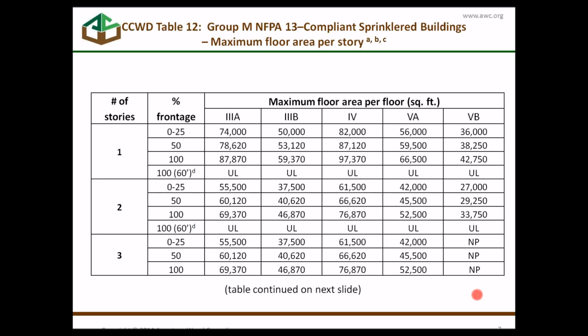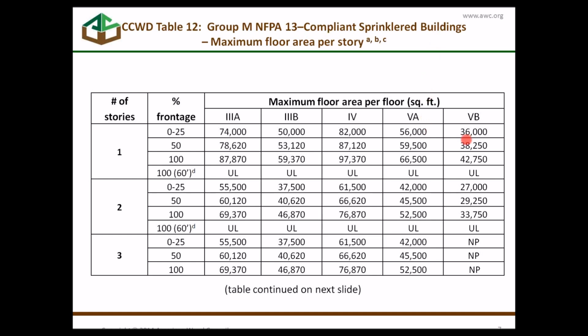As you look at this table, and this is in the back of your Code Conforming Wood Design document, in the middle of a whole series of tables that give the maximum allowable area per story for a building of a particular use group. And here we see the Group M immediately if we have sprinklers. This table is for sprinklered buildings, and a Group M is required to be sprinklered, by the way, at 12,000 square feet typically.